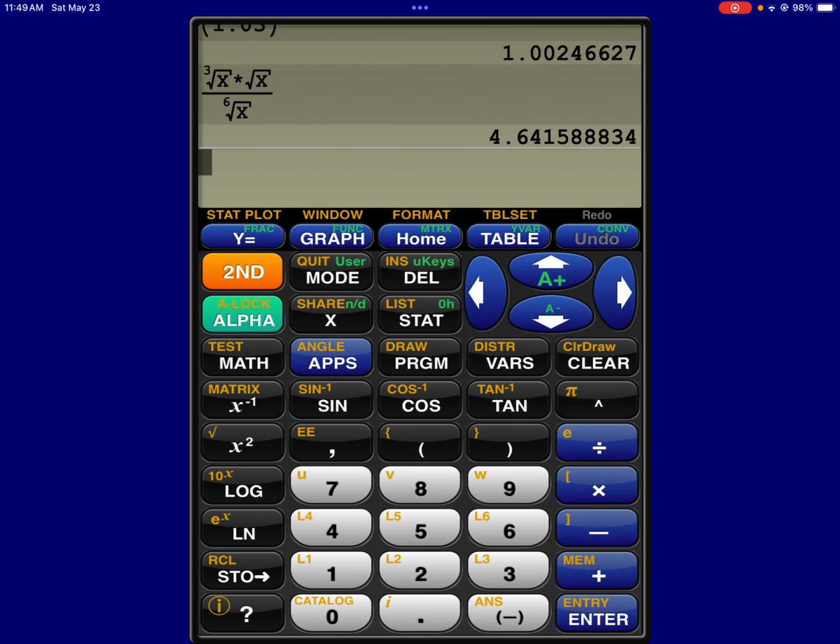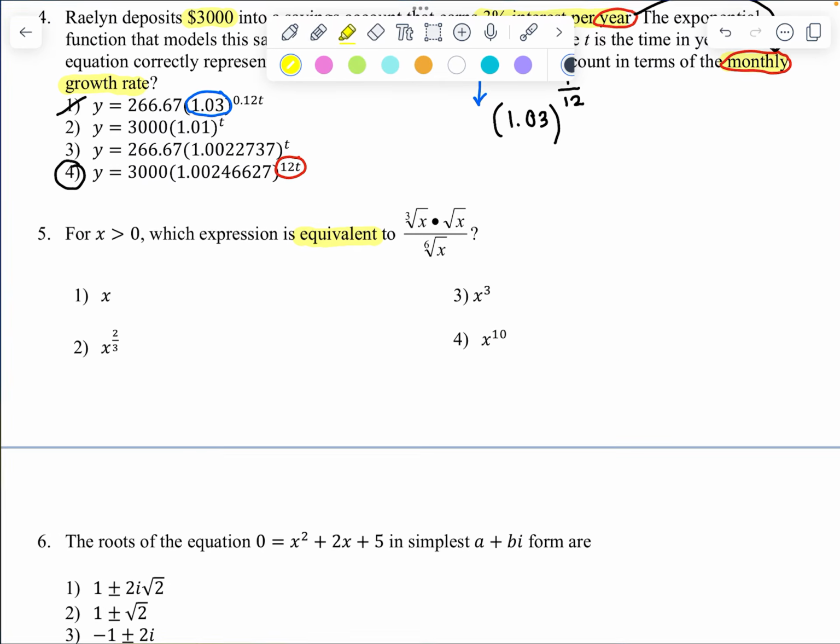All right, now I have a crazy answer, okay? And this might be wrong. This is not my answer choice. You know what? This might actually be wrong. Let's do this the long way.